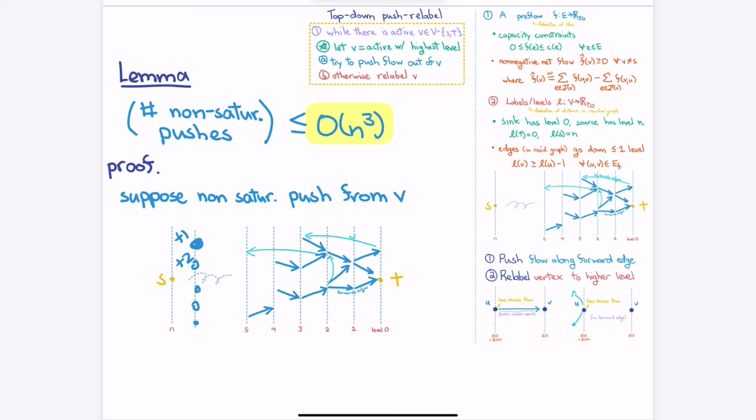All right, so let's say this is the vertex of the highest label that has positive flow, and I make a non-saturating push, this becomes 0. So it's not active anymore, right? I claim that for this particular vertex, as it gradually makes progress, I can only do a non-saturating push from this vertex and neutralize it at most n squared times.